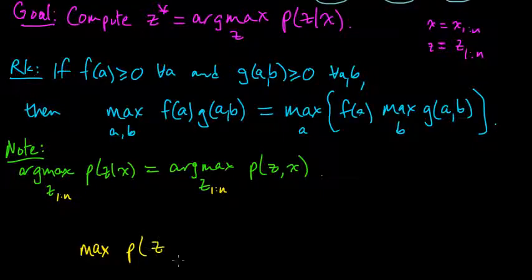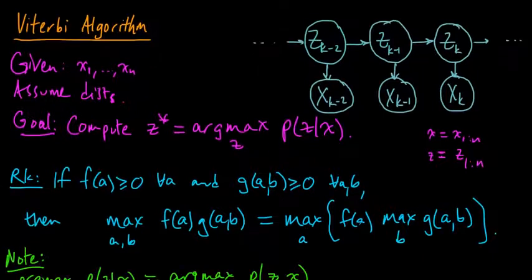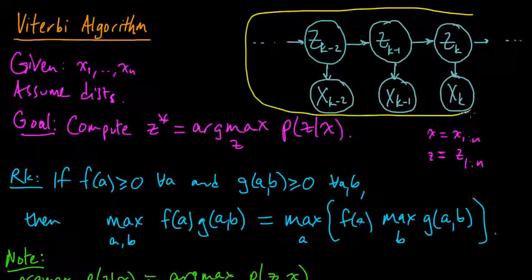So if we think about the case when k equals n, I wrote down the graphical model for the HMM here, and this is at the end, and the joint distribution that we're thinking about is just the distribution of the whole thing.